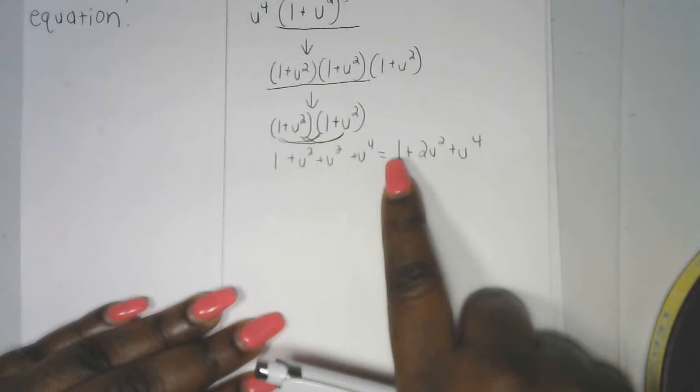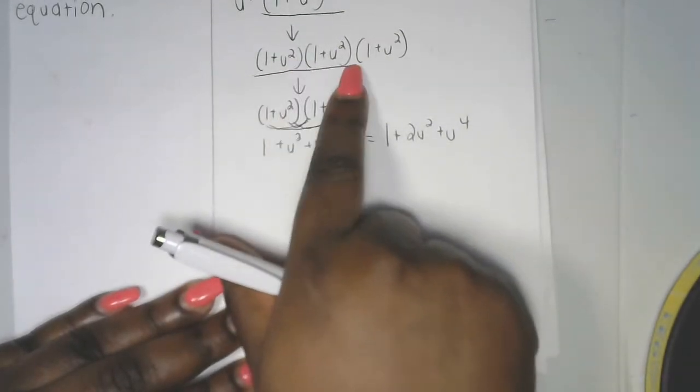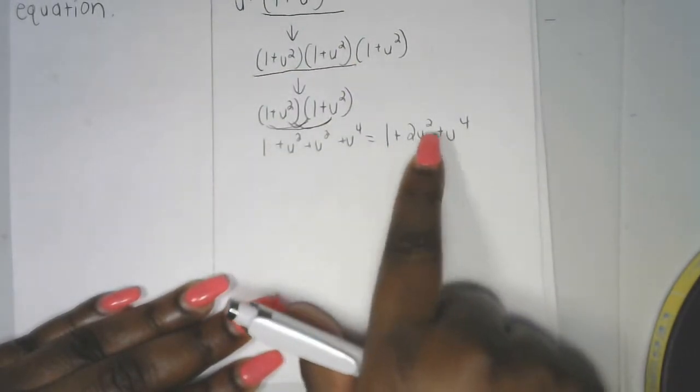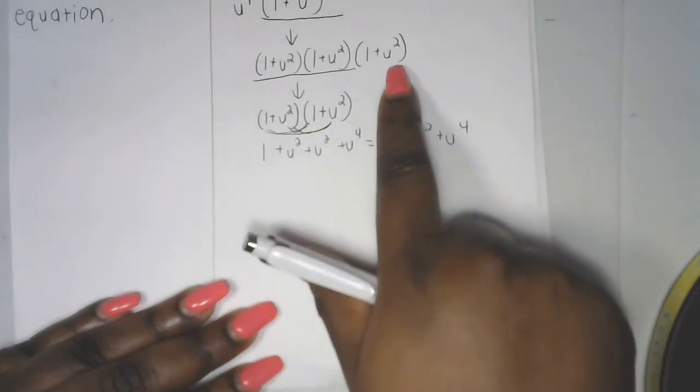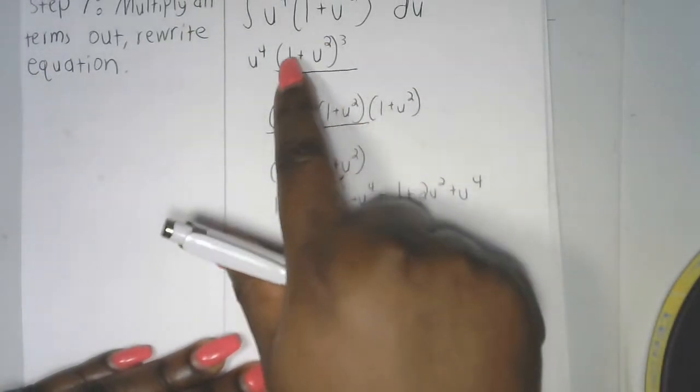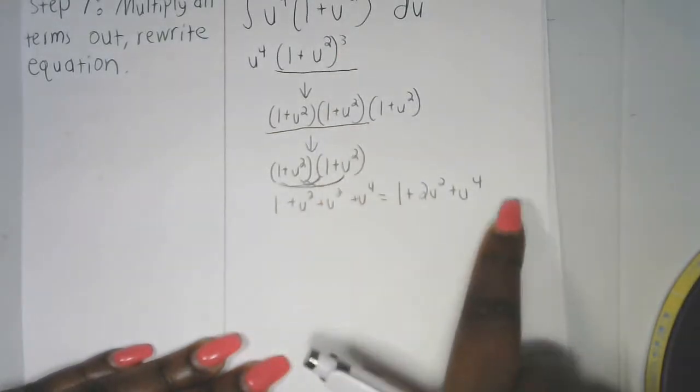So now, since this times this is equal to this right here, let's take this and multiply it by this, and then we'll have all of this multiplied out.